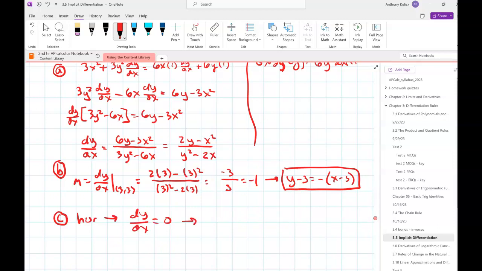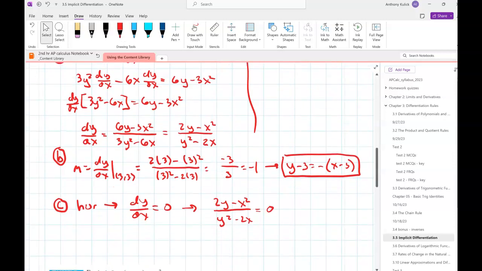So our derivative, 2y minus x squared over y squared minus 2x, has to equal 0, right? So when is a fraction equal to 0? When the numerator is equal to 0. Everybody's okay there?